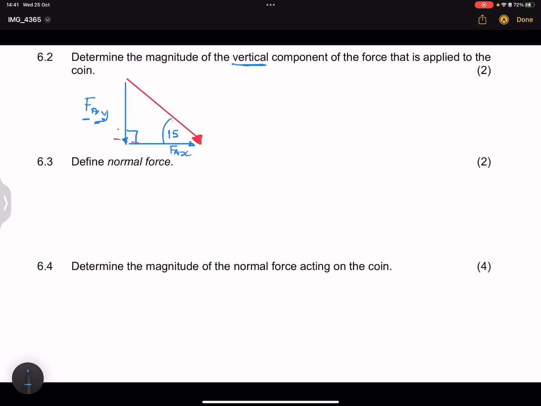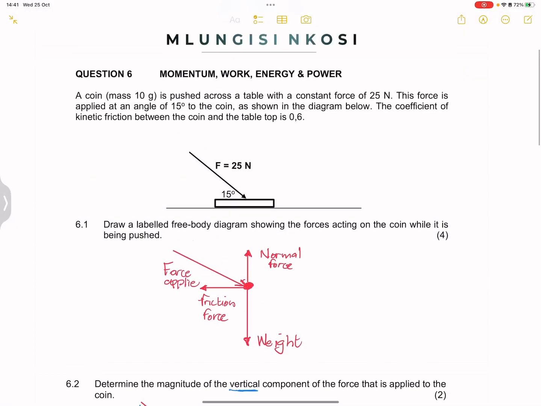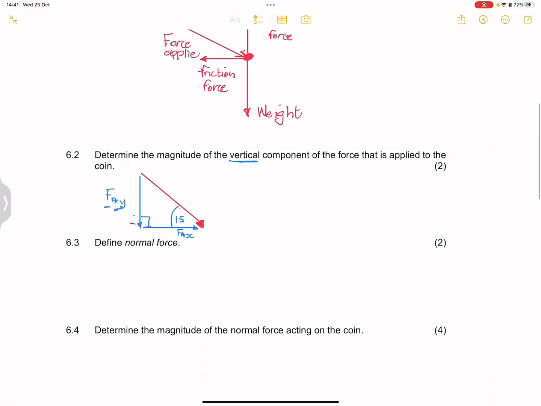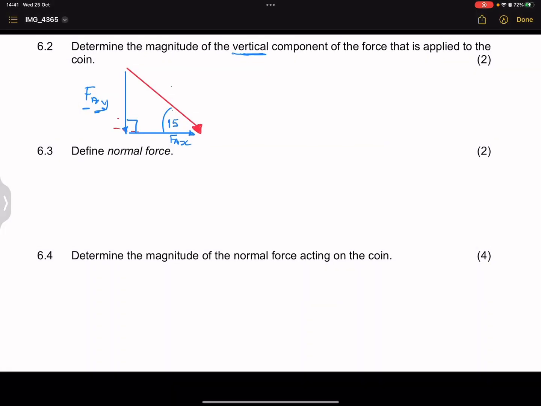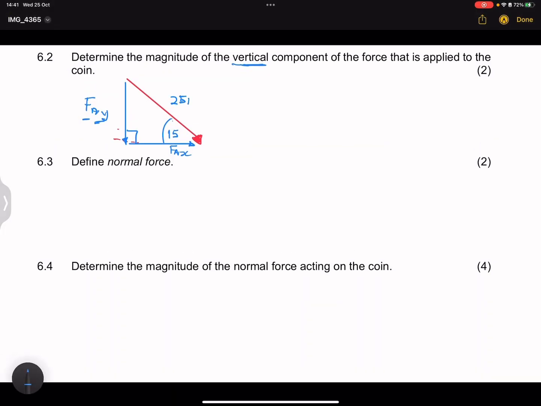We are given the applied force, 25 newtons, so we've got the hypotenuse, which is 25. Which trig ratio would say opposite, directly in front of the angle, and the hypotenuse? Definitely that's going to be the sine of 15 degrees. Sine 15 is equal to FAY.